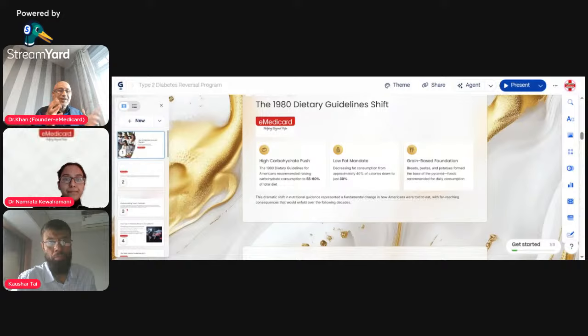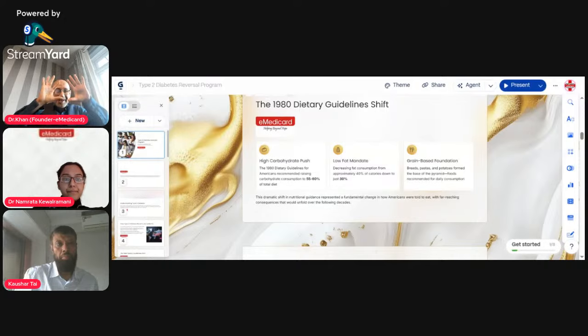They pushed carbs. If you see the food pyramid, the base of the pyramid, they said you can have a lot of breads, pastas, and potatoes. This is what they said, which is not a good guideline. But on the basis of that, what happened?